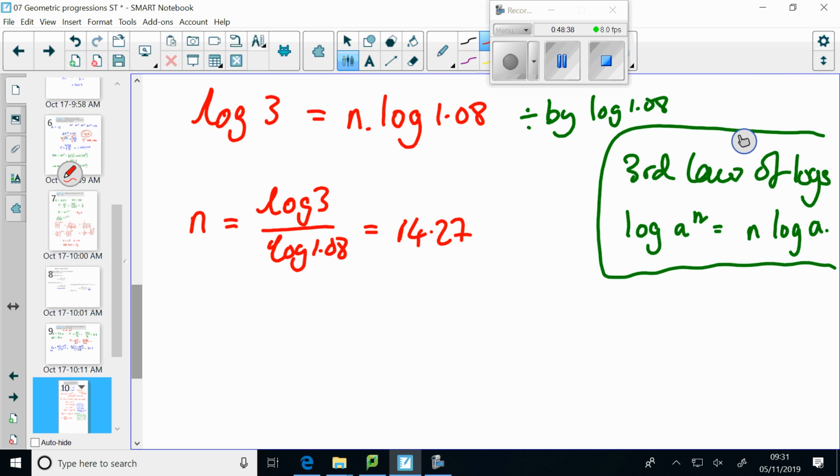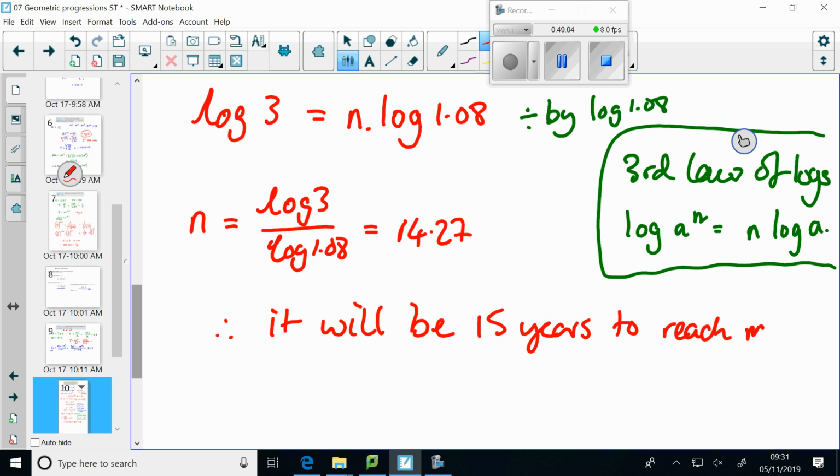If this interest is added at the end of every year, then that'll be 15 years to reach more than £300. Alright? Are you happy with that? Yeah?